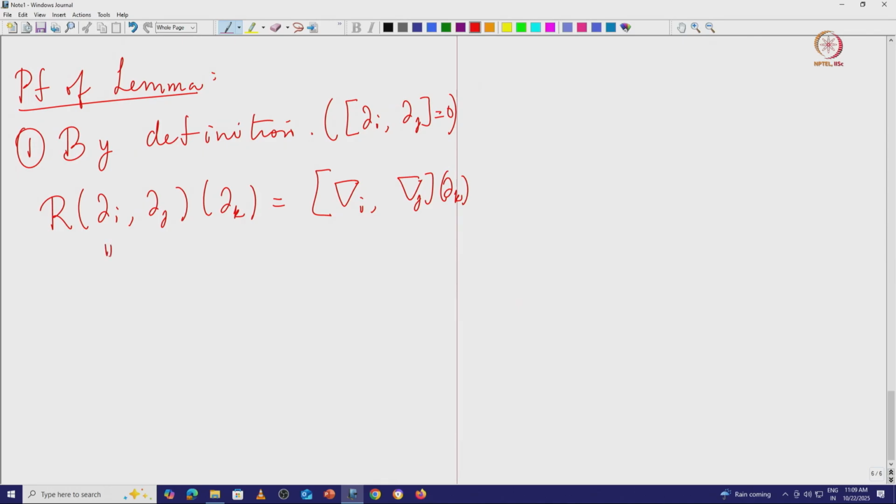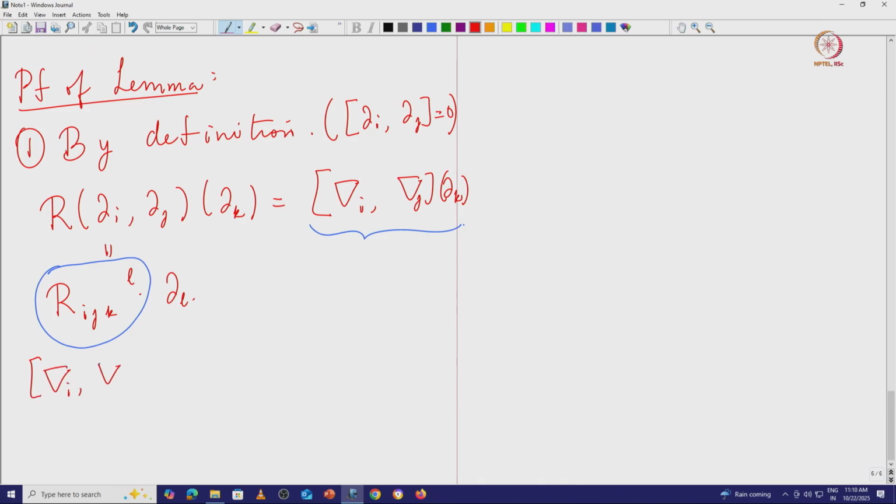Okay, but on the other hand this is also by definition just R i j k upper l times del l. So in order to find a formula for this, I basically have to calculate what this is. Okay, so let's do that calculation.